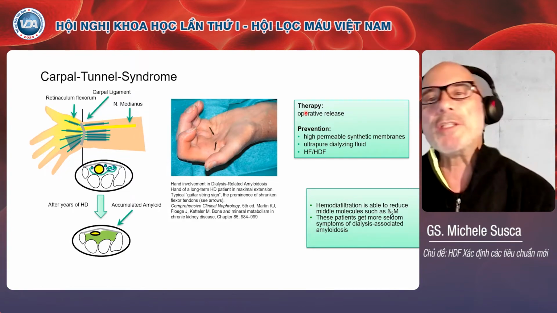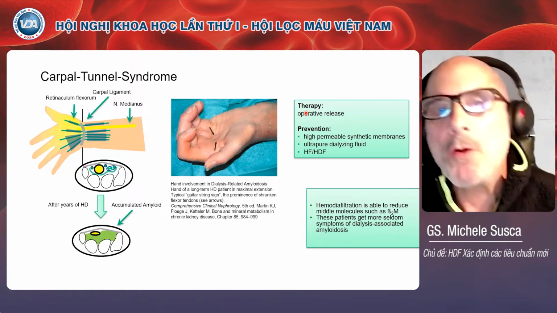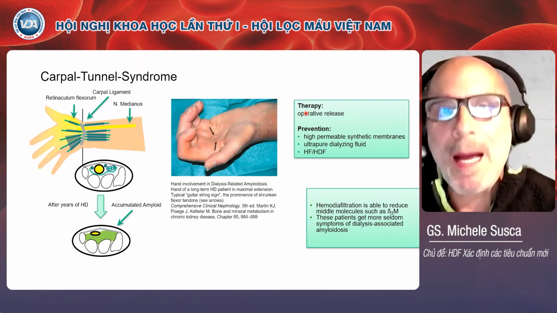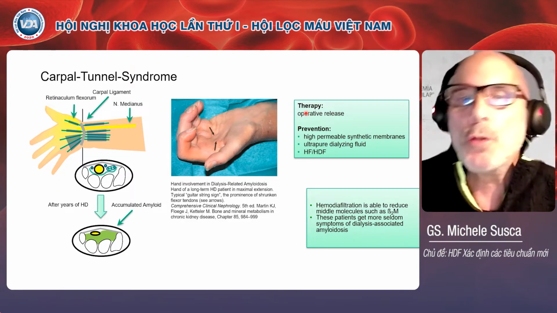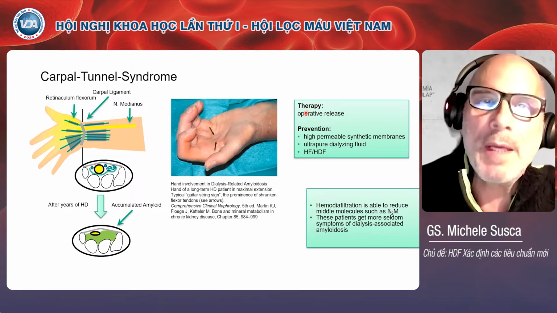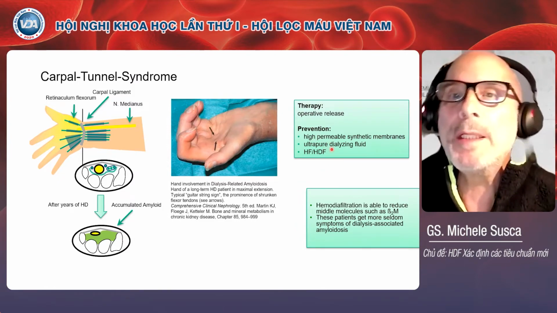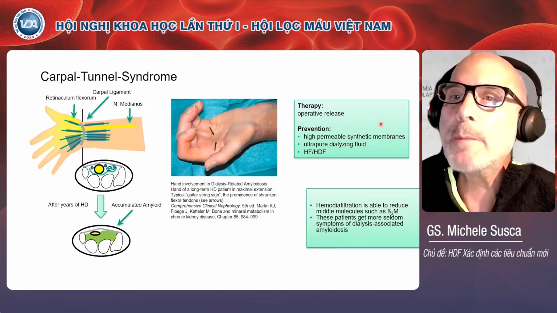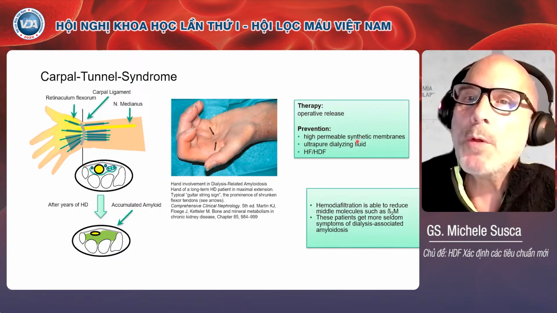We can prevent such a complication by different things, for example by improving the biocompatibility of the treatment and by having convective therapies like HDF to remove such big molecules. Recommendable is to use highly permeable synthetic membranes like polysulfone, and ultra pure dialysis fluid.